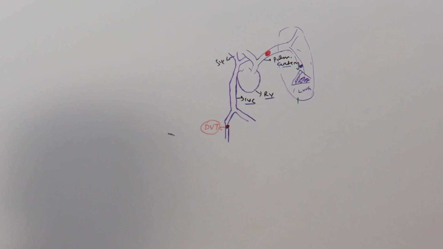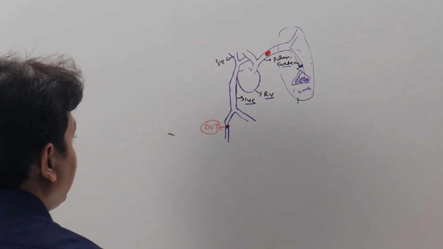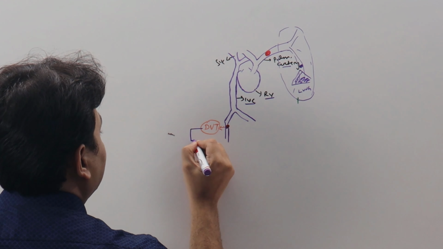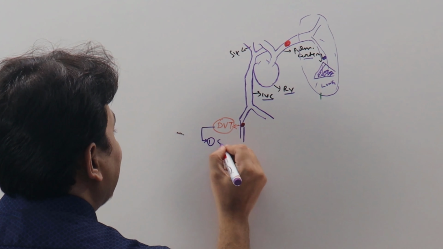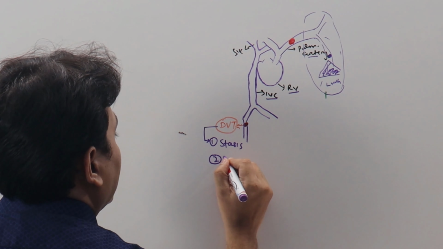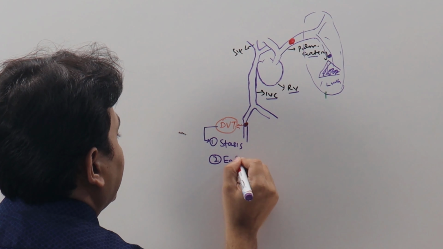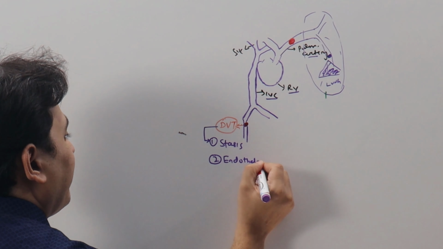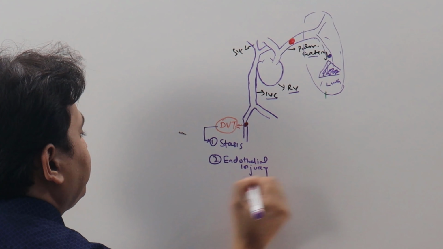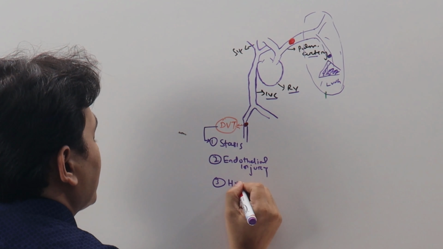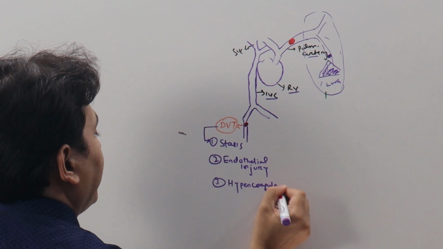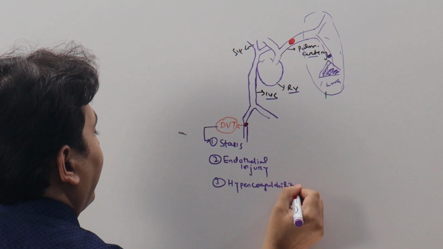So how is the DVT formed? The DVT is formed because of three factors, right? So what are the three factors? Number one is stasis. Number two, endothelial injury. Number three is hypercoagulability, right?